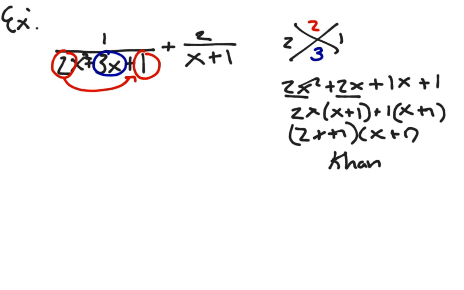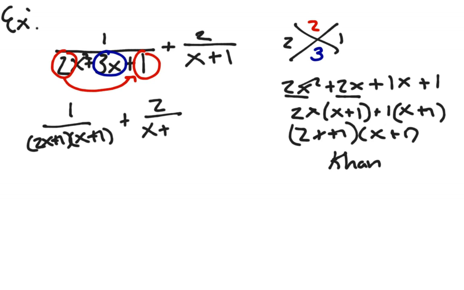So I can now rewrite my rational expression as 1 over 2x plus 1 times x plus 1, plus 2 over x plus 1. I now know I need to get a common denominator. So I look at my denominators, and I see that both of them already have an x plus 1.